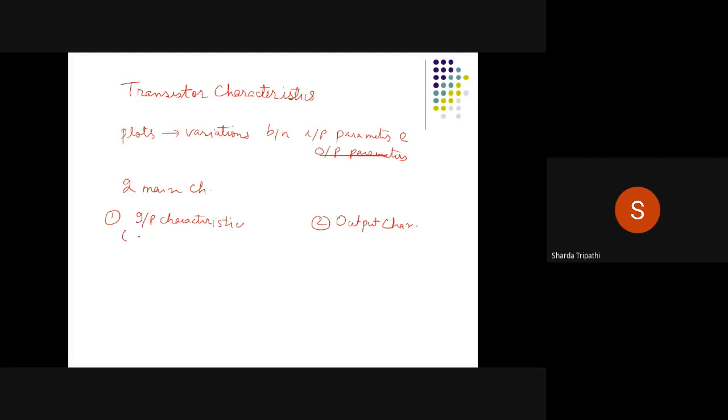These input characteristics are also sometimes known as emitter static characteristics. Whereas the output characteristic is also sometimes known as collector static characteristic.